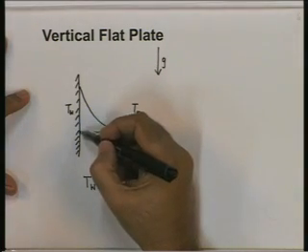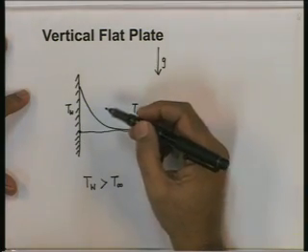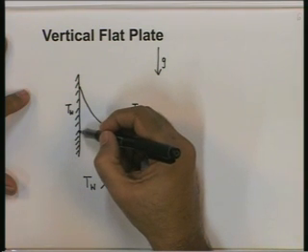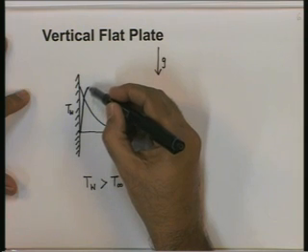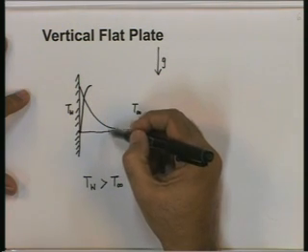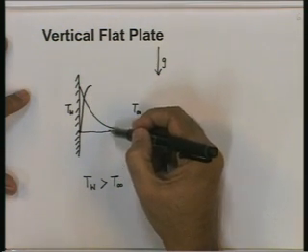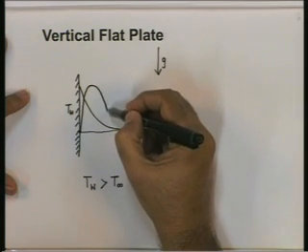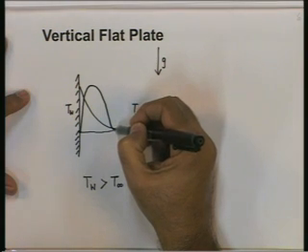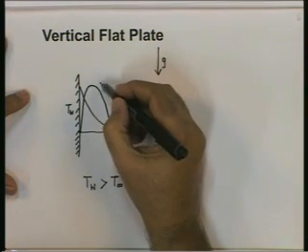At the wall itself, the velocity will be 0, but slightly away from the wall, the velocity will increase. But as it goes away, the temperature difference reduces, so the density difference also reduces. So buoyancy forces decay off, and you will end up with a velocity profile something like this.